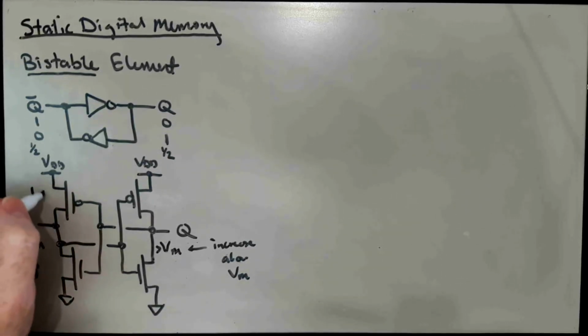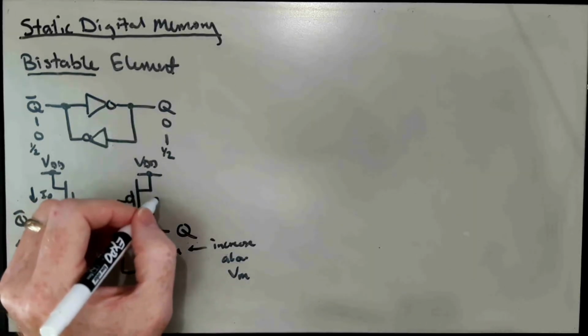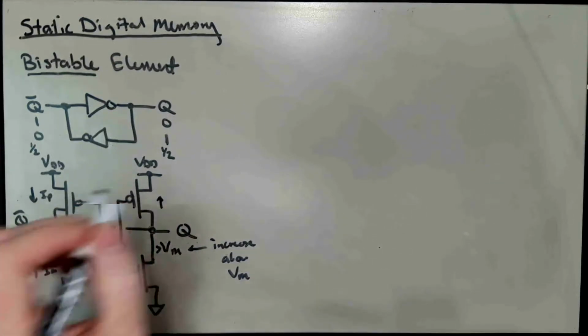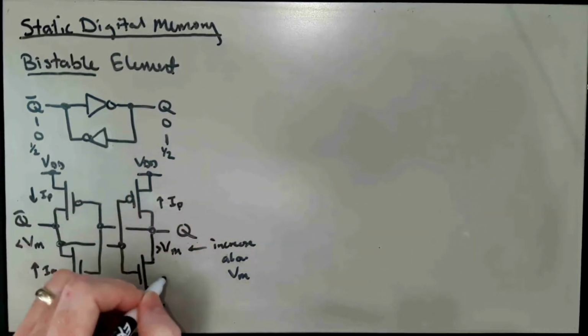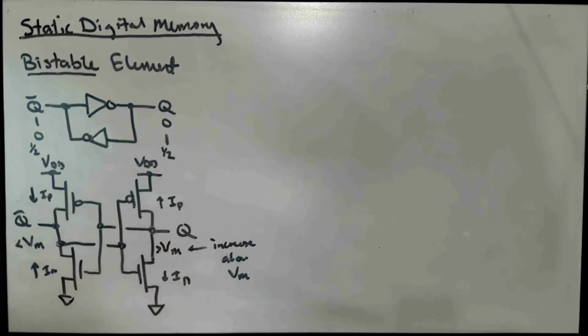It's going to decrease I sub p and increase I sub n, and that in turn is going to make this less than V sub m. And that's going to turn the current in this transistor up, and turn the current in this transistor down from what it was.